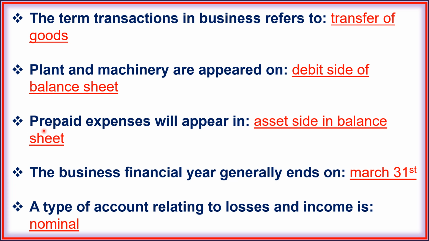Next, prepaid expenses will appear in asset side in balance sheet. Next, the business financial year generally ends on March 31st. Next, a type of account relating to losses and income is nominal account.